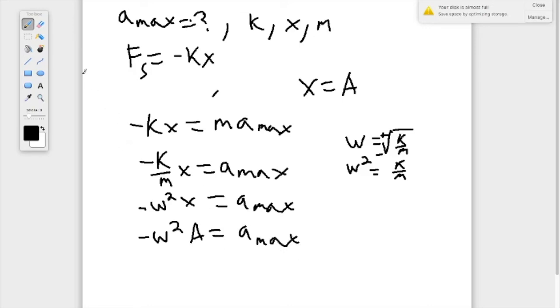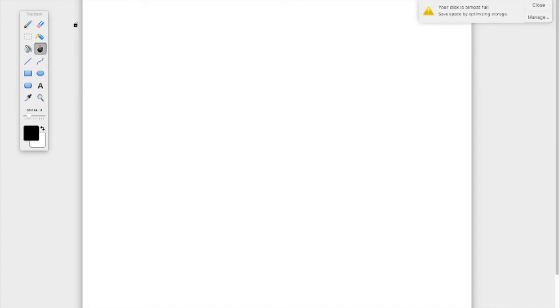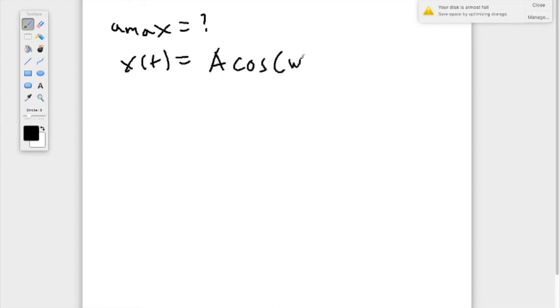Now I'm going to solve it a different way, for a max. I'm going to do a similar thing to what I did with the velocity. So we have x of t equals a times the cosine of wt plus phi, and then we're going to take the derivative with respect to time.